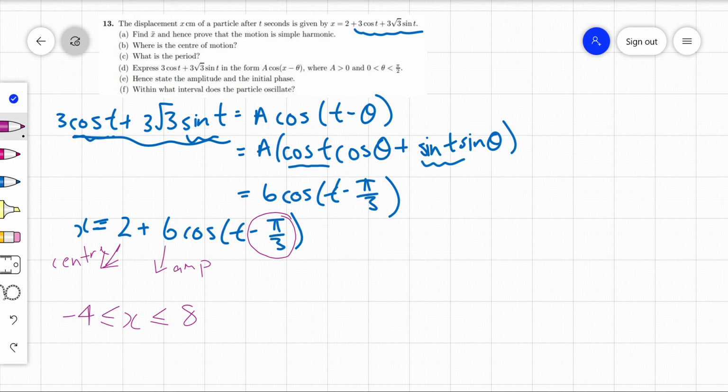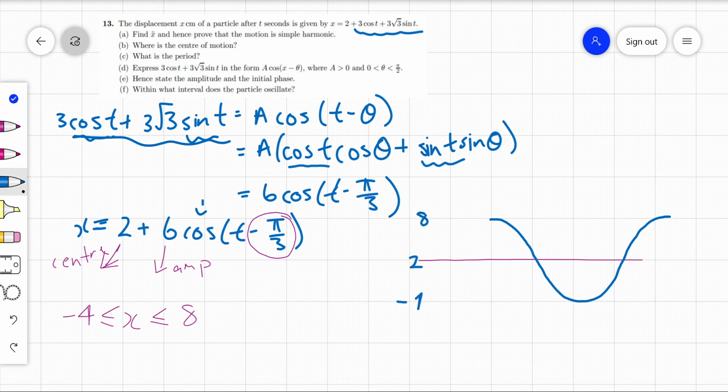So let's have a look at what that looks like. This is a cos curve. If I just draw a cos curve at the moment without moving it, the centre we know is 2, and it goes up to 8 and down to minus 4.